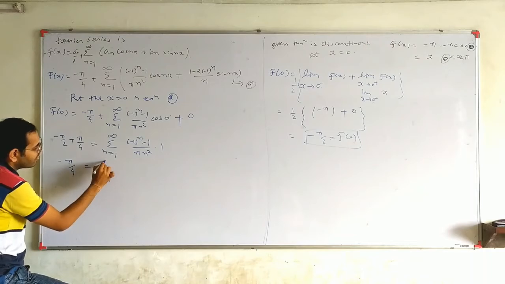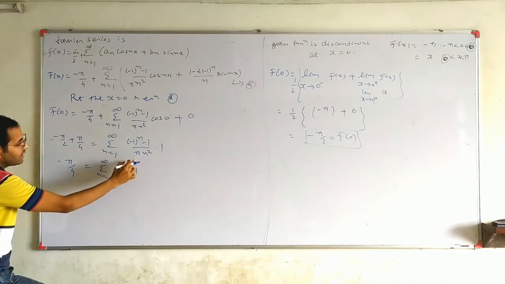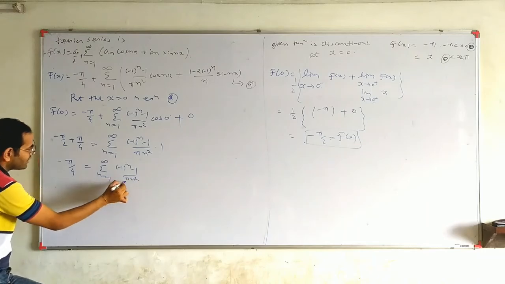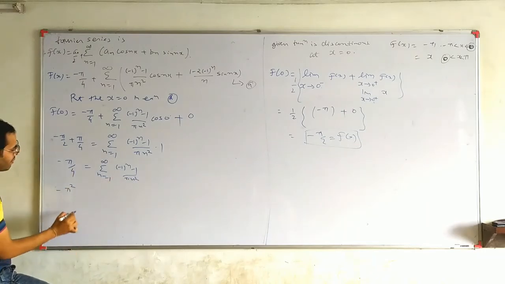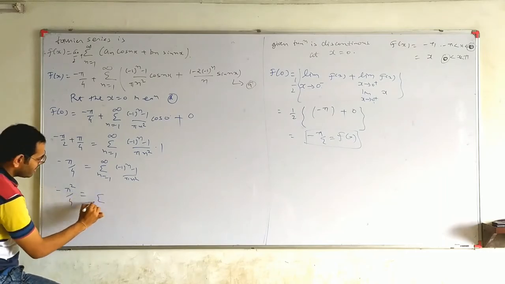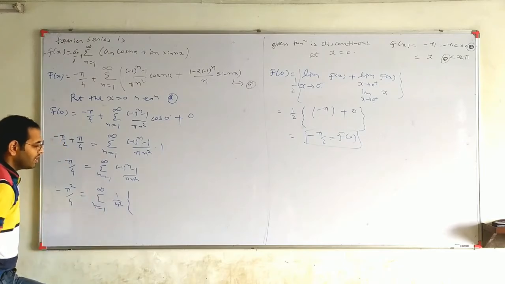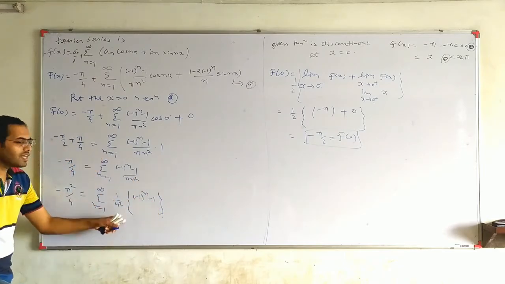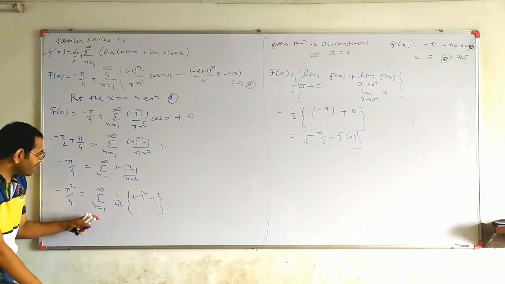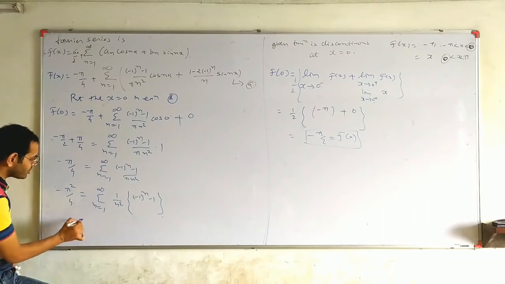Now here we can say that we get minus pi by 4 equal to summation n equal to 1 to infinity of minus 1 raised to n minus 1 divided by pi n square. This pi comes to this side, then we get minus pi square by 4 equal to summation n equal to 1 to infinity of 1 upon n square into minus 1 raised to n minus 1. In this equation, substitute the values of n equal to 1, n equal to 2, n equal to 3, and so on.